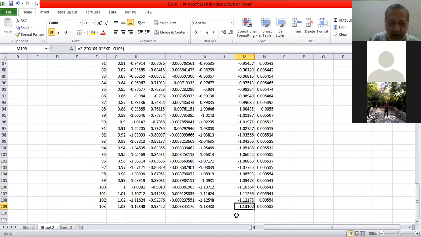So I leave making the graph of these 100 plus points to you. I hope you can do that.